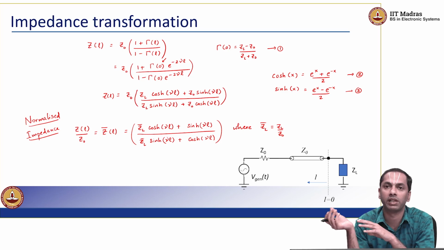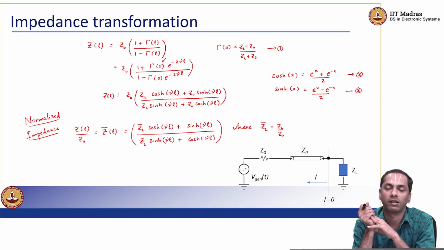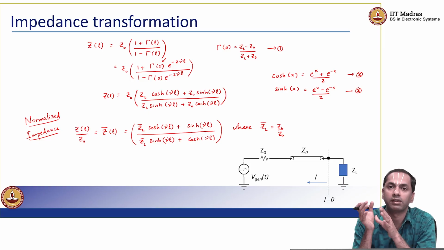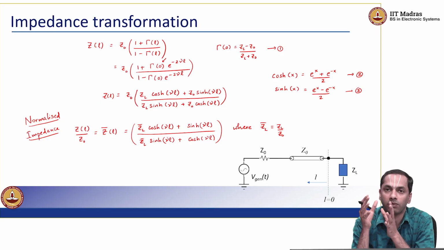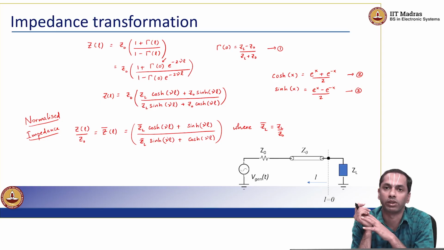So the load impedance has transformed and made itself look like a different impedance depending on where you are looking along the transmission line. So all this transformation in impedance fundamentally lies in the idea of constructive and destructive interferences formed by forward propagating and reverse propagating voltages.